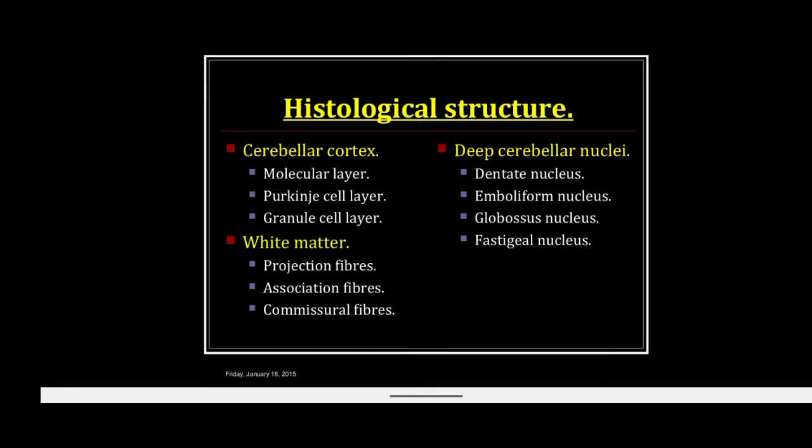These 5 types of cells are arranged in these different layers. The deep cerebellar nuclei are of 4 types, which are interspersed in the white matter. So 3 layers, 4 nuclei and 5 types of cells are present in the cerebellum.